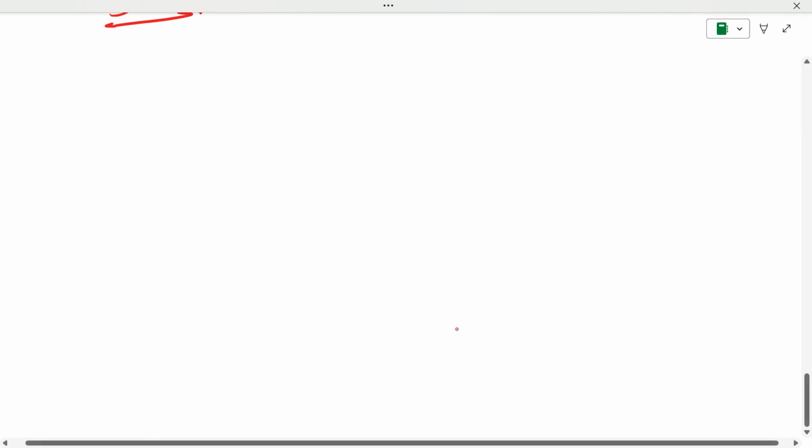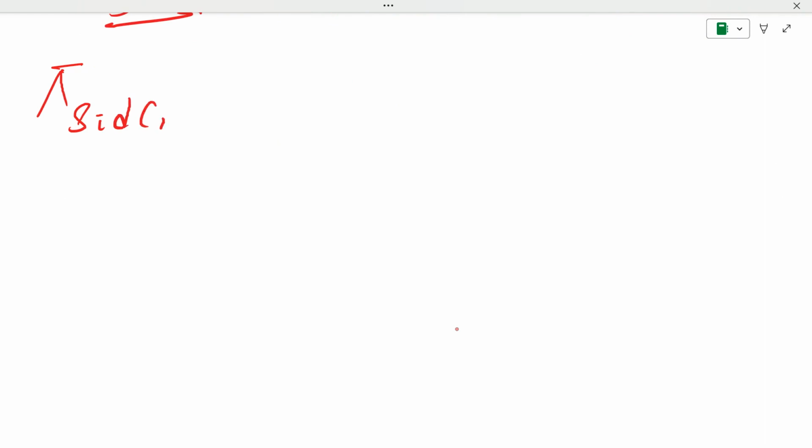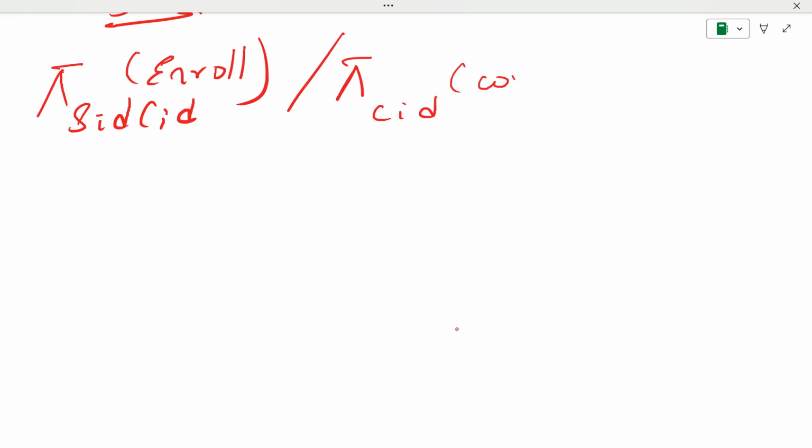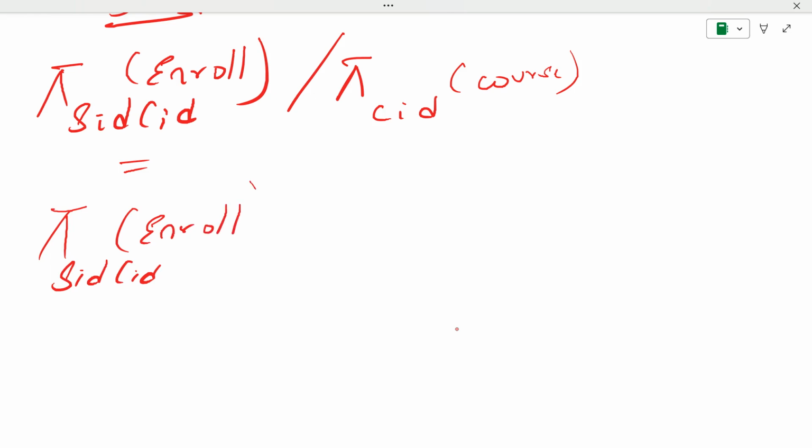It is written as pi SID CID of enroll divided by pi CID of course, and that is equal to subtracting the valid SID CID combinations which do not have enrollment in all the courses.